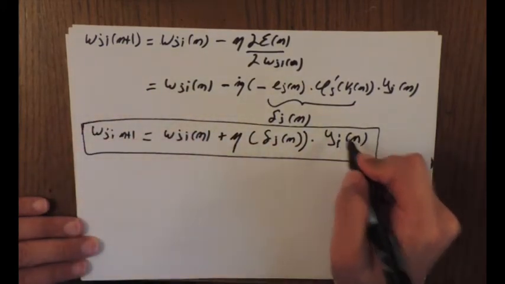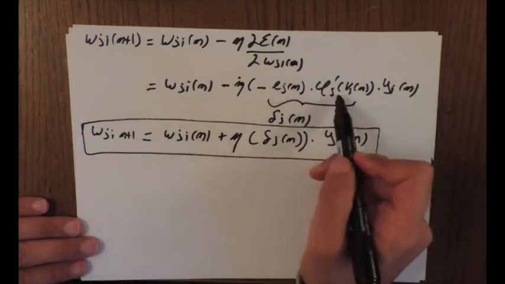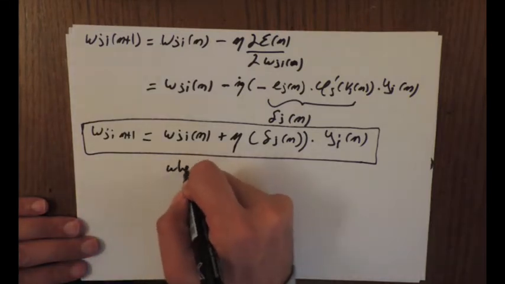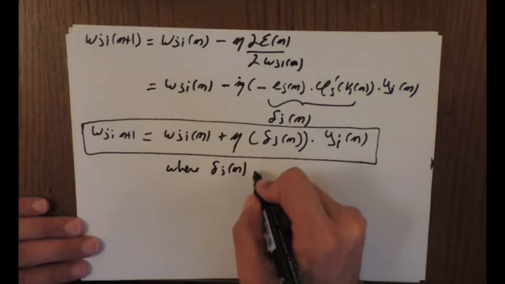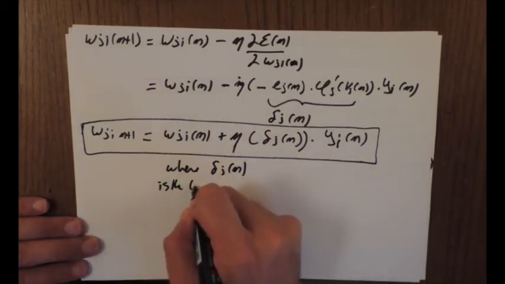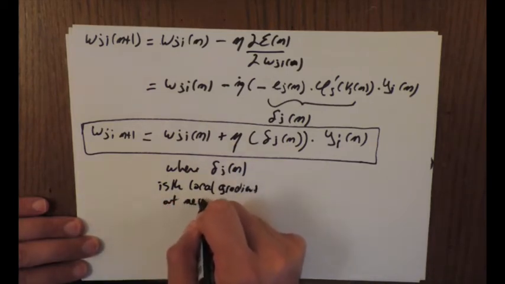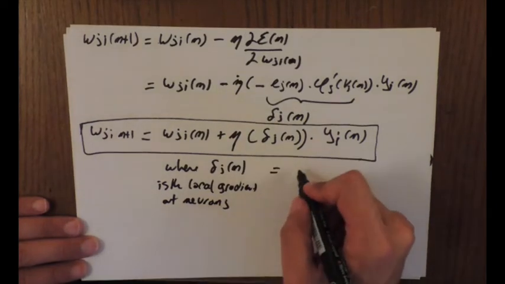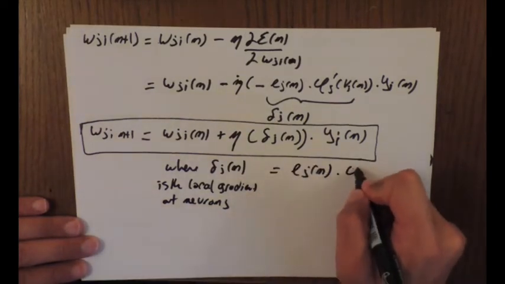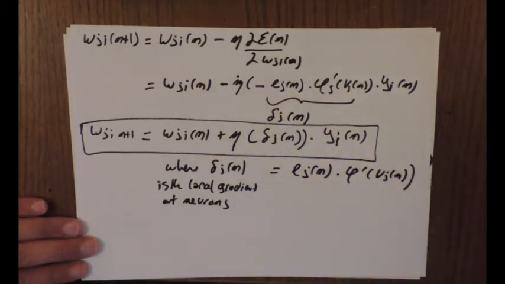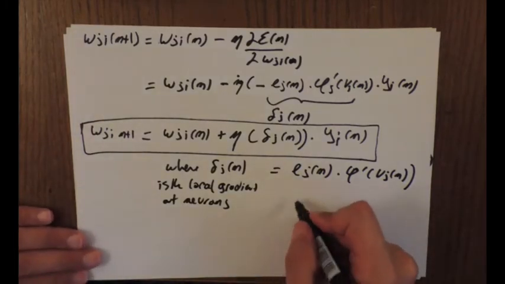Of course, we have to compute the output, and the error, with the derivative of the activation function with respect to the local induced field, and this is what delta j(n) is, where delta j(n) is the local gradient at neuron j, which is equal to ej(n) times phi prime j of vj(n). Now this is the case for output neurons.